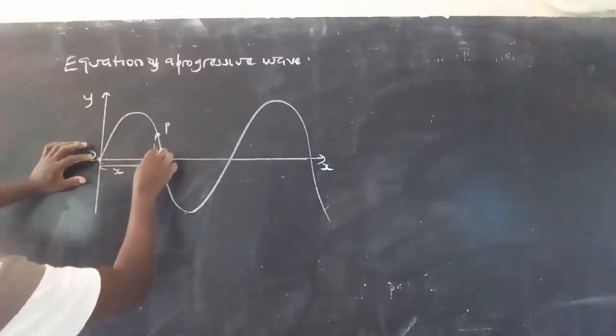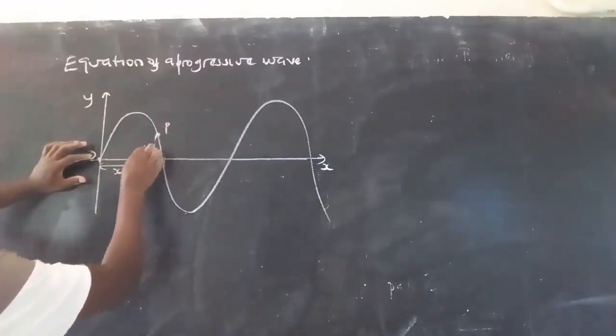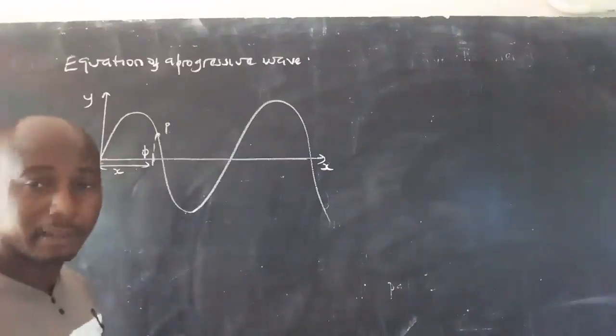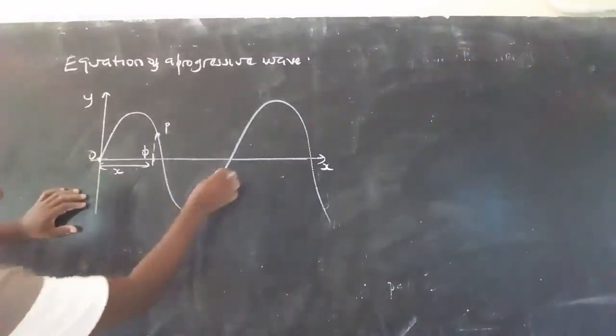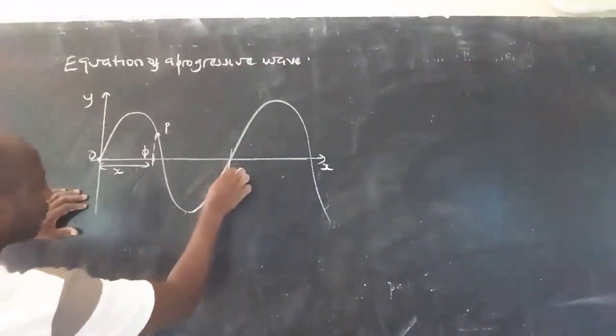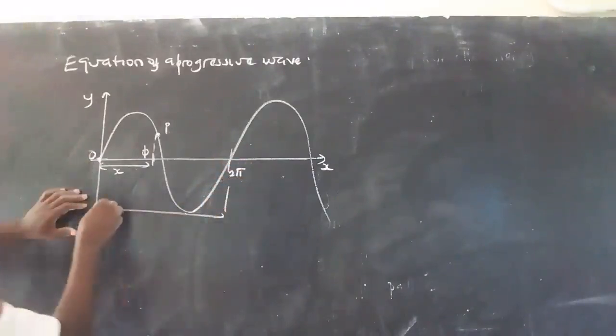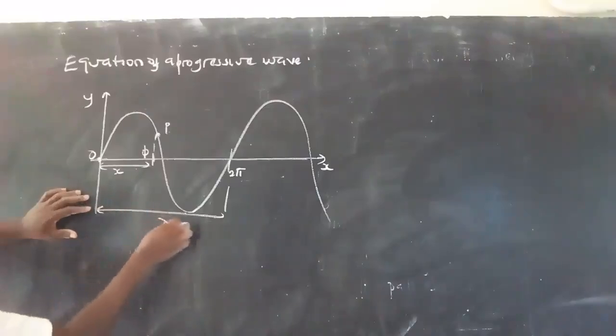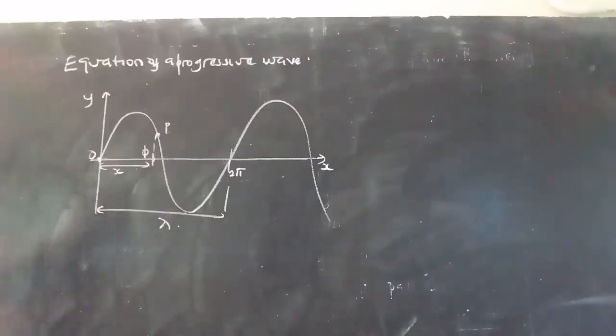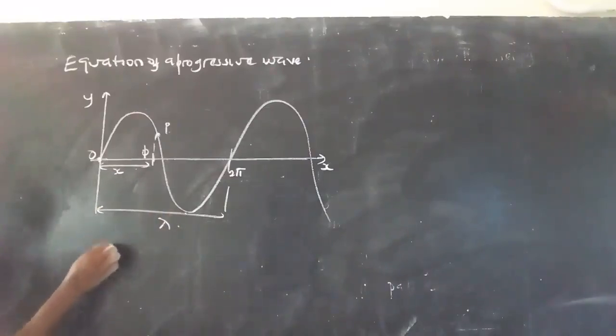And at the particle P, the phase angle which it has met is phi. And for one complete cycle, where we have 2 pi, we know that when a particle makes a complete cycle, the distance is lambda.